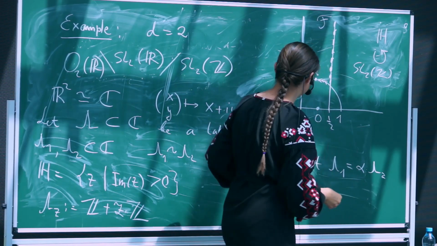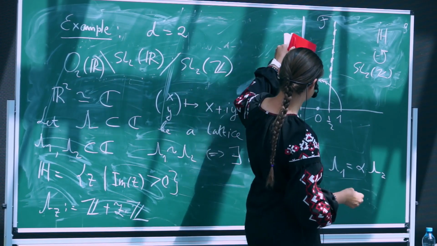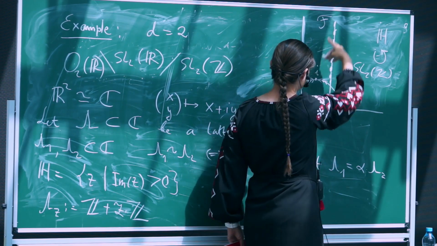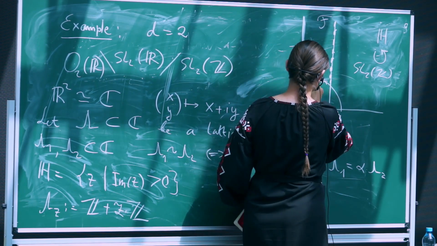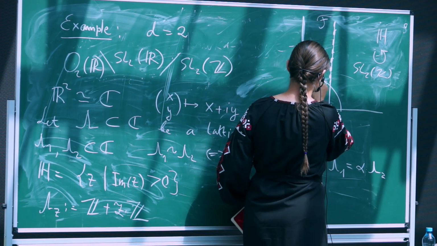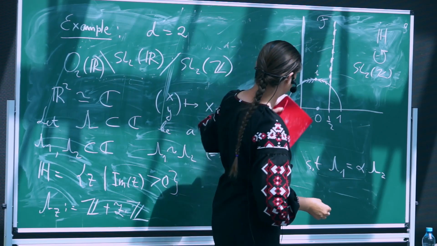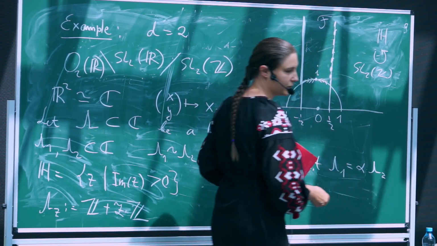It means that every point in the upper half plane is equivalent to some point in the fundamental domain. For example, we can choose this arc and not choose this arc, and then every point will have exactly one image inside of the fundamental domain.